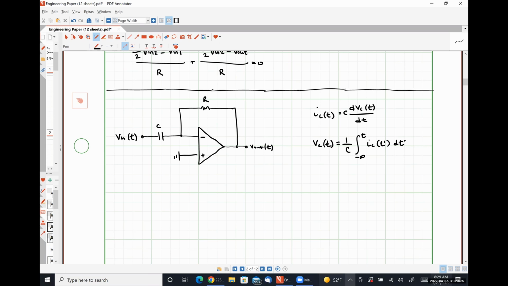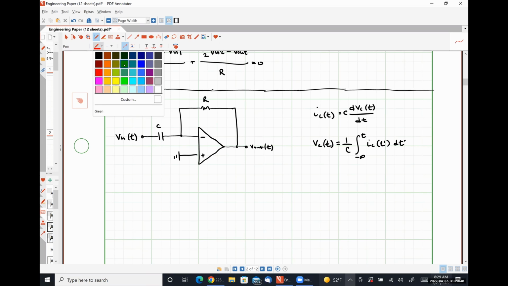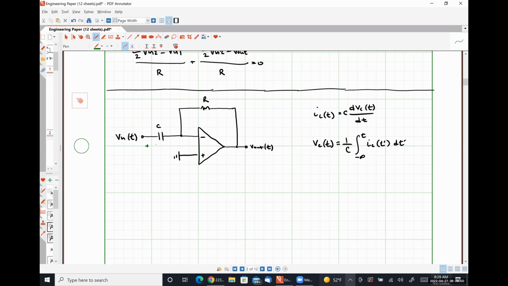Okay. Now, fundamentally, this is nothing more than an inverting amplifier, except that we've replaced one of our resistors with a capacitor. Okay. What I'm going to do here is I'm going to call, actually, I'm not going to use red because I've been using that color for other things. Green. So this is Vc of t, my voltage drop across my capacitor, where I've just chosen the positive polarity terminal to be on the left-hand side. Okay.